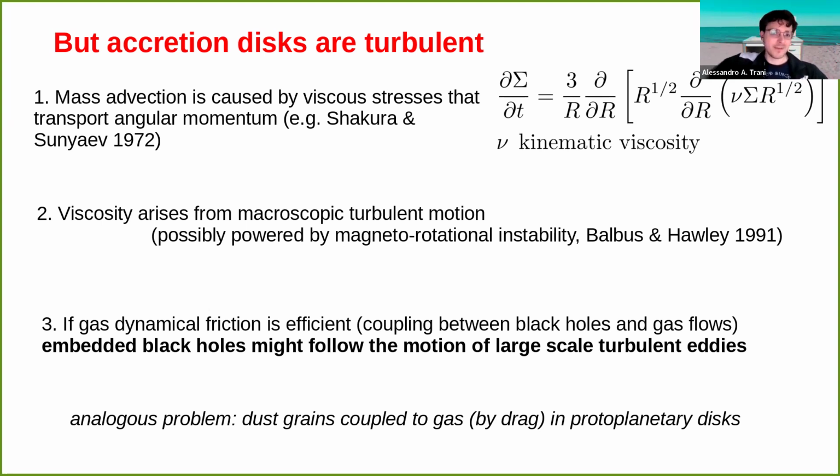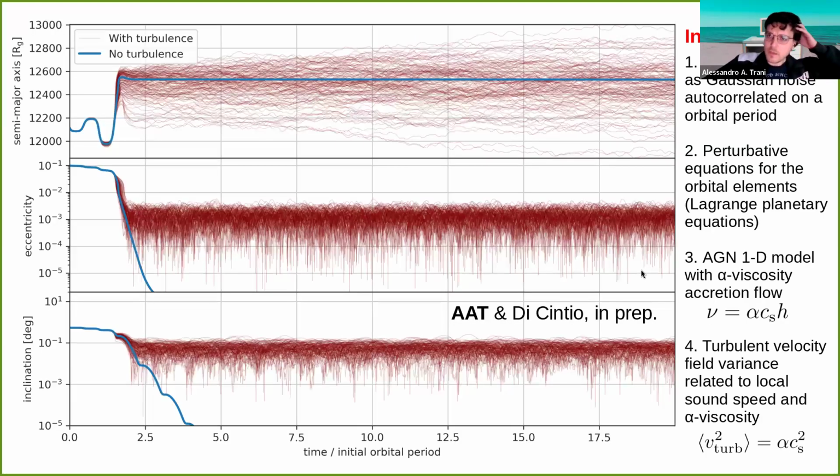If these disks are turbulent, so we have very large scale turbulent flows, the embedded black holes might actually follow and be dragged around by the large scale turbulent eddies. An analogous problem, again in planetary physics, is dust grains coupled to the gas by aerodynamic drag.